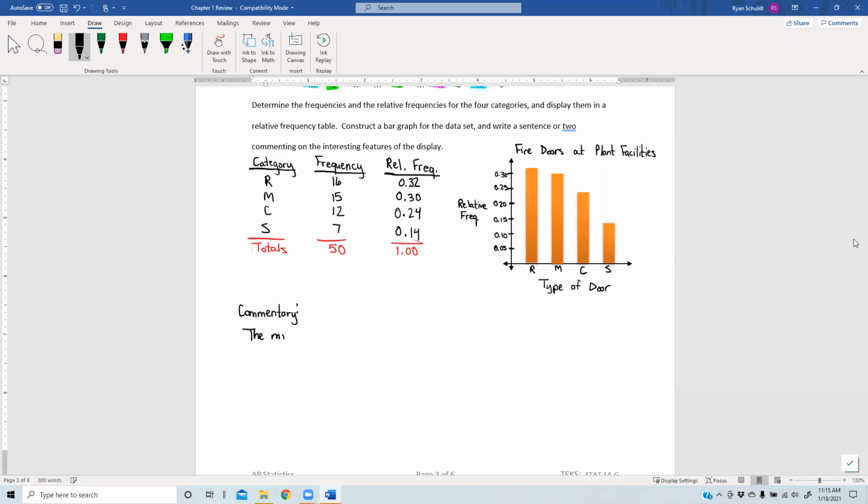The most common type of fire door at the major plant facilities is the rolling steel door.